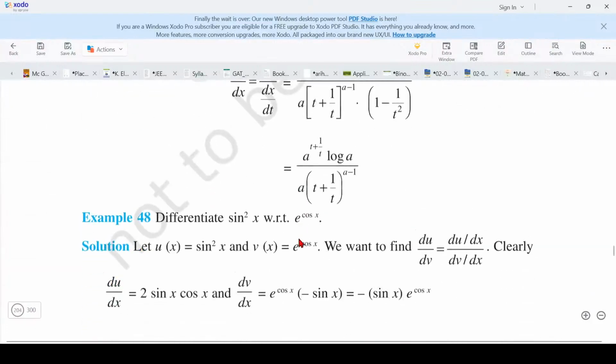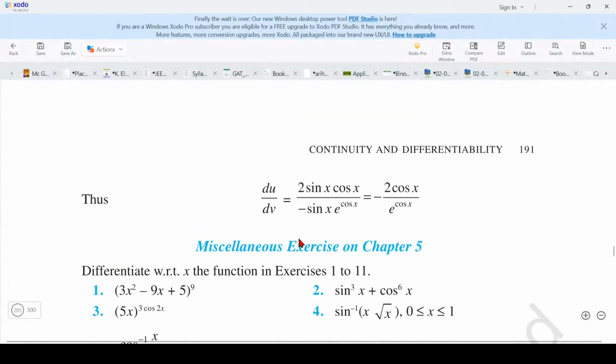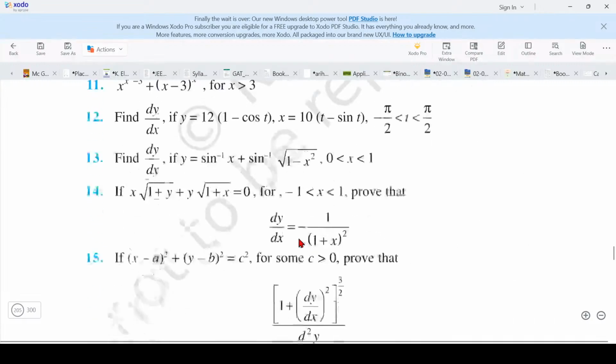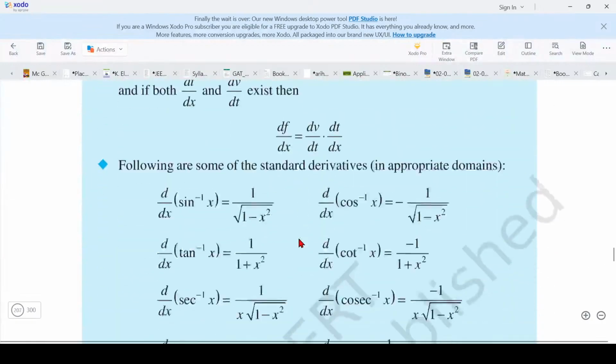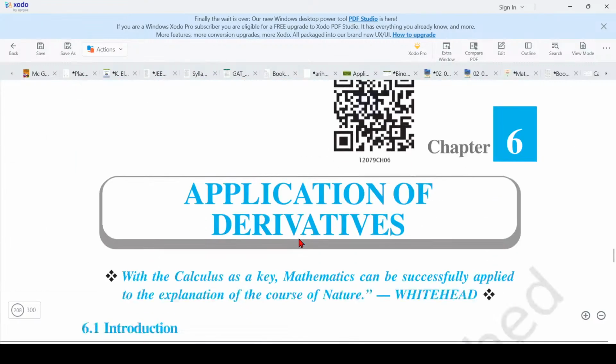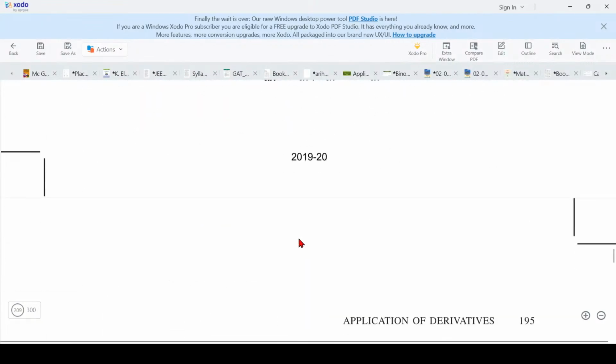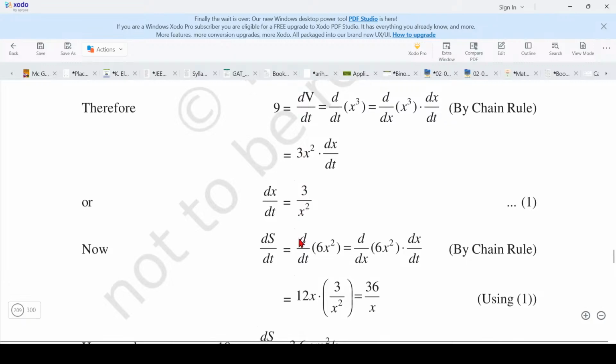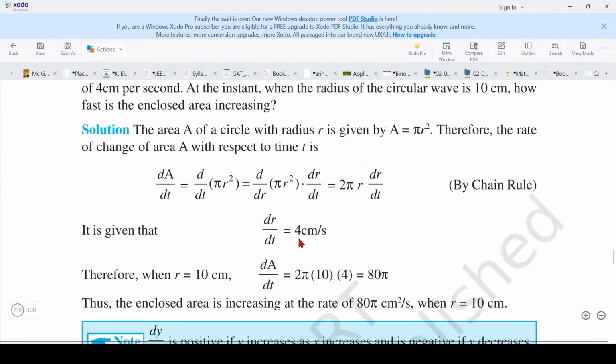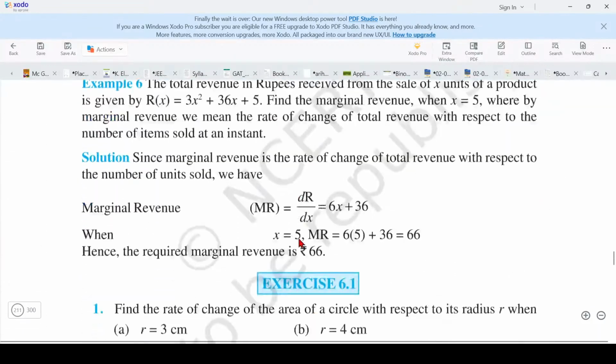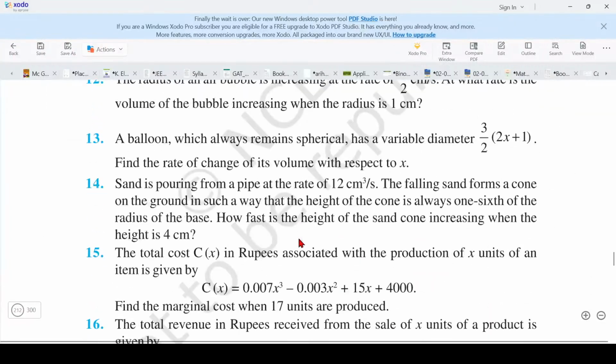Then limits, continuity, and differentiability will be over with this, right? As per your textbook. Then there is something called application of derivatives. Let's see what your textbook has given.